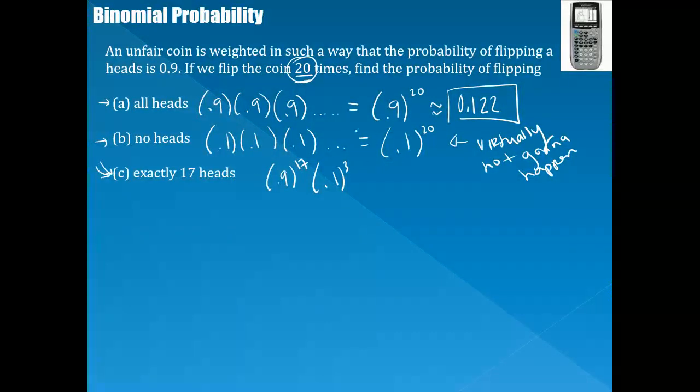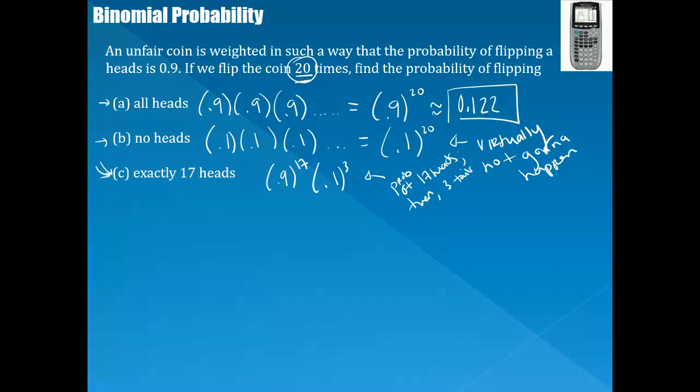And this is meaningful and important for us to recognize. This is really the probability of getting 17 heads and then 3 tails, in succession, like that would be the order that this is happening in.